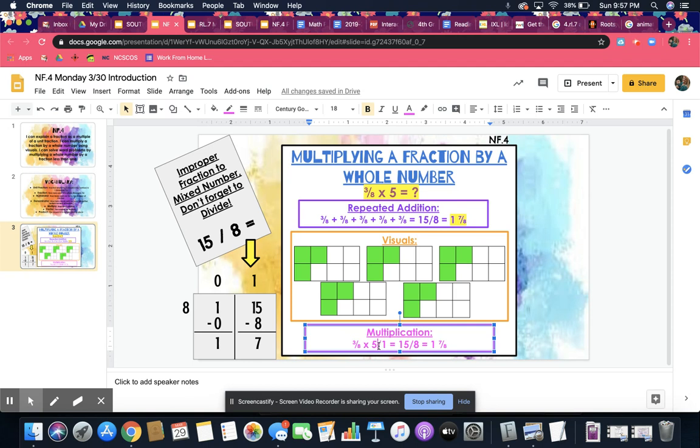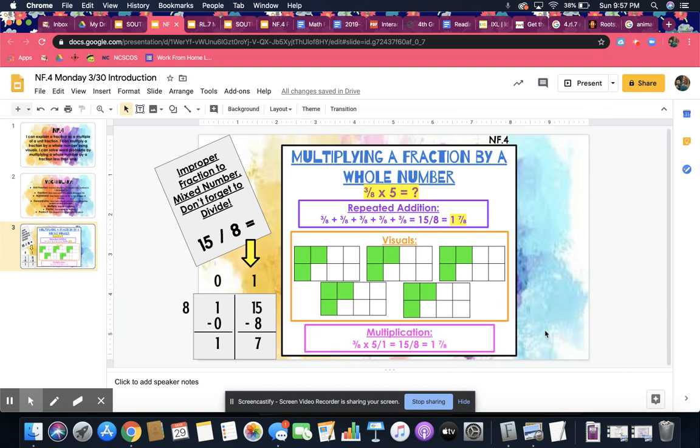Remember, a whole number has the denominator of 1 all the time. So you have 3 times 5 for your numerators, which is 15. And you have 8 times 1, which is your denominator, and that gives you 8. And as a mixed number, that is 1 and 7/8.